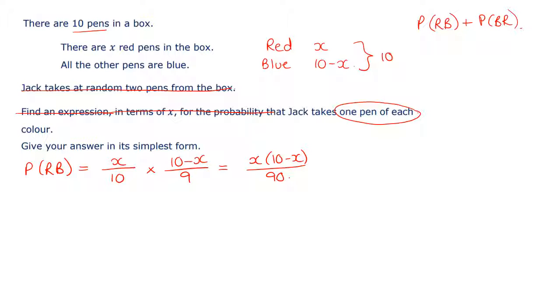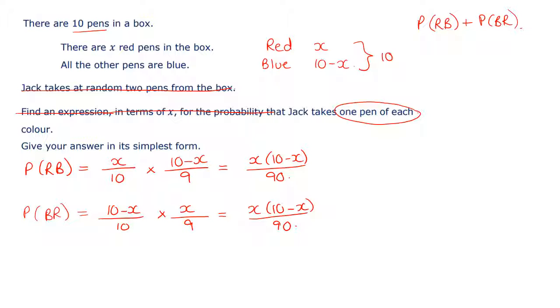And then we'll do the same for blue and then red. So blue is 10 minus X out of 10. And the red ones, there are X. And this time it's out of 9. So you'll find that it's exactly the same as the first one.